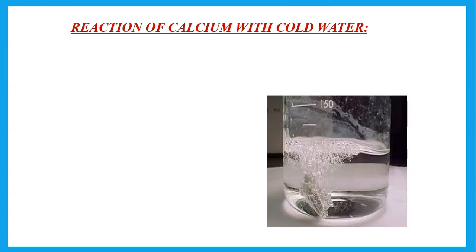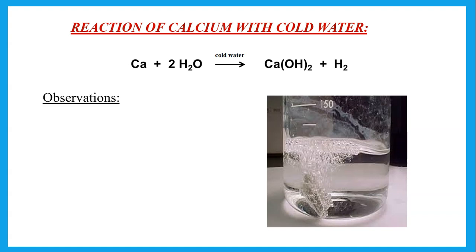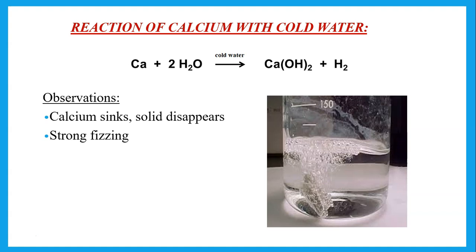What about calcium? Calcium is less reactive than sodium. So calcium, again, reacts with cold water to give the hydroxide plus hydrogen. But then calcium is in group 2. So calcium sinks, it doesn't float. And as the piece of calcium reacts, it starts to slowly disappear, or we could say it gets smaller. Now we have strong fizzing.